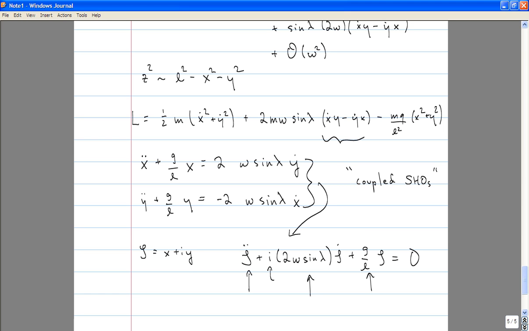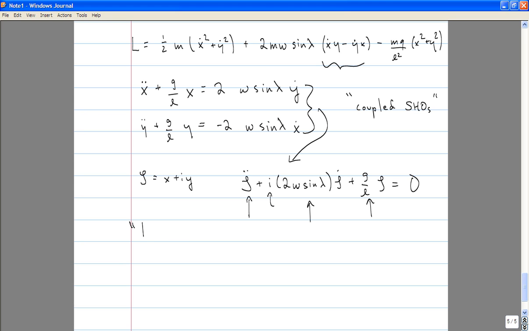Okay, now this equation for zeta is an equation for a complex dynamical variable, but it's an equation that you've seen many times before in this class. It's the equation for a damped harmonic oscillator. The only difference is that the quality factor is imaginary because of this factor of i. So this is an imaginary damped harmonic oscillator.